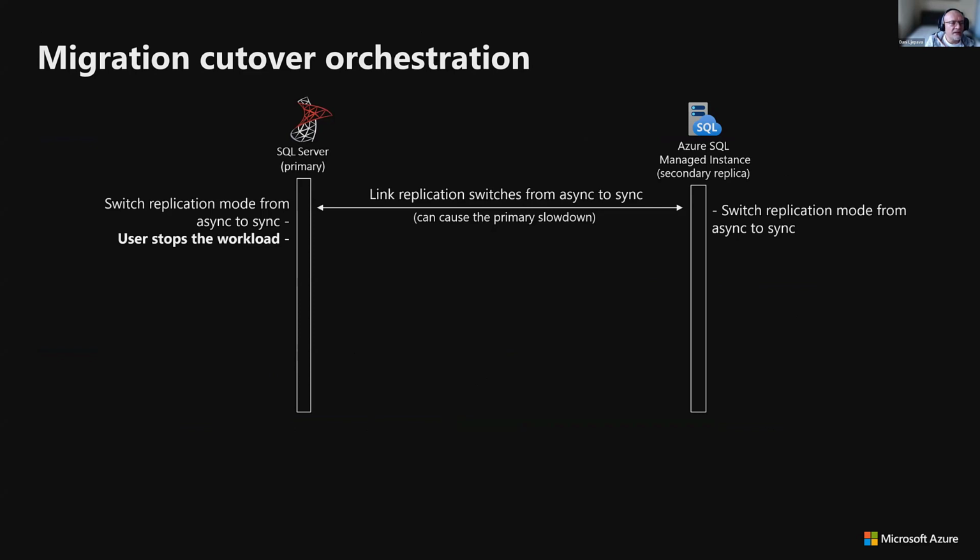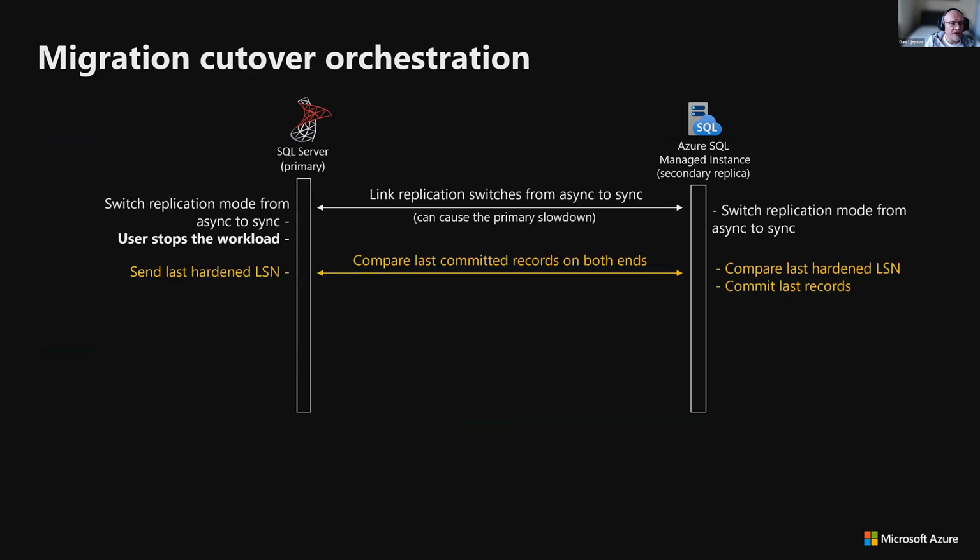When we're ready to migrate, we switch the replication to synchronous, and then we compare LSNs. We make sure that your transactions have ended up on the managed instance before we do the cutover. When we're sure that the last transaction has been committed to the managed instance, then the cutover to the cloud is initiated.